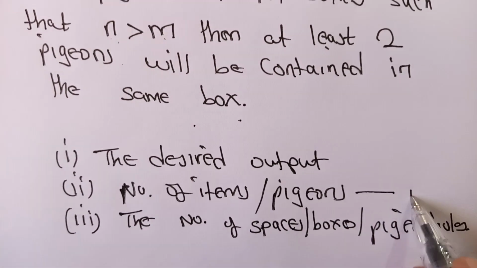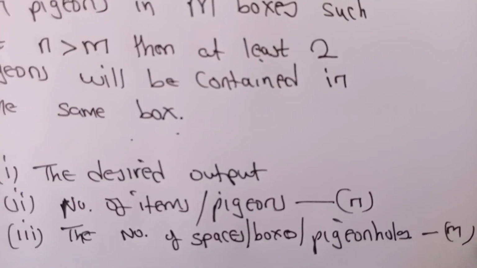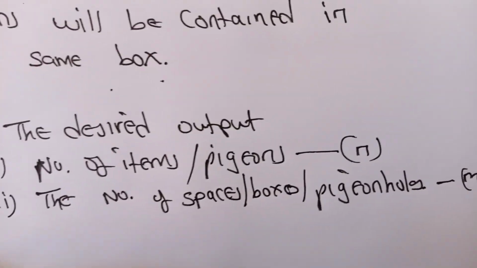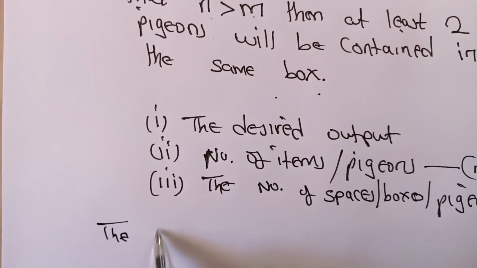So the items are what we are calling n, and the holes we call m.